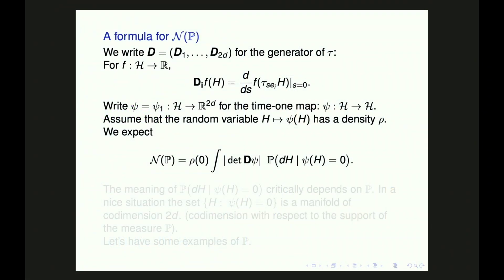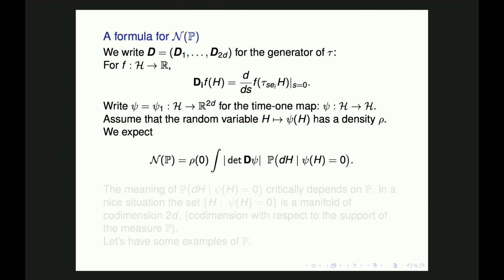So this set, psi h equals 0, the 0 level set of the function psi h, corresponds to Hamiltonians for which 0 is a fixed point. That's what this set is. And then if you make sense of this conditional thing, you have a candidate for NP.